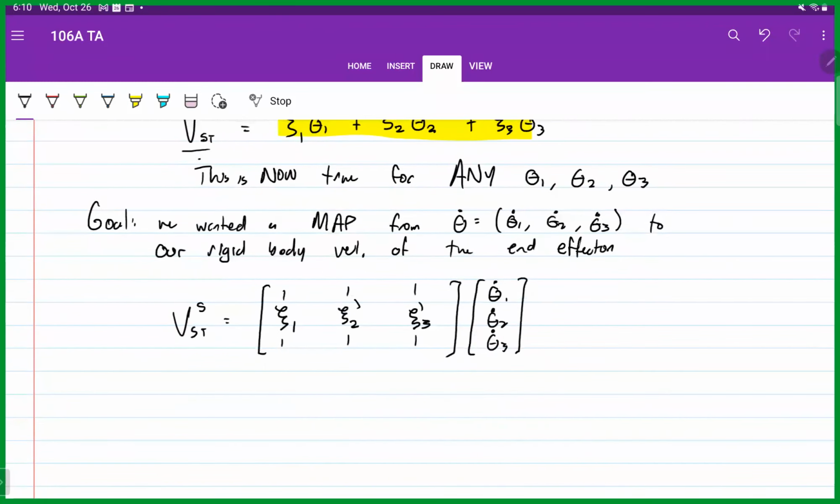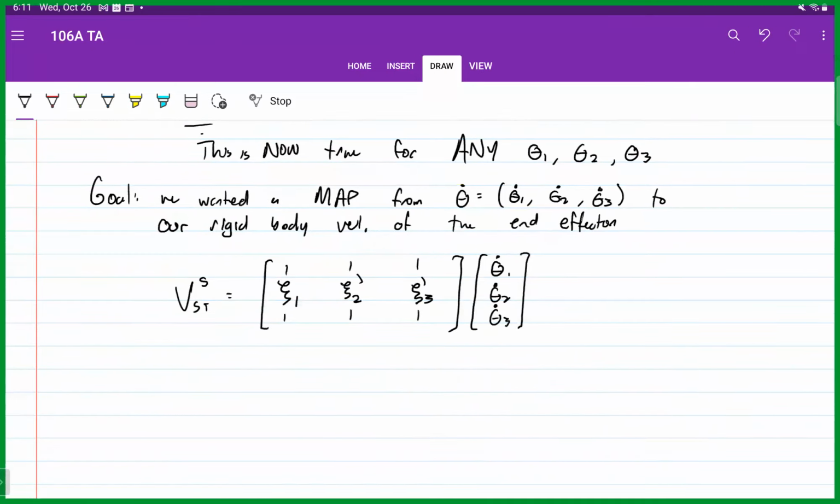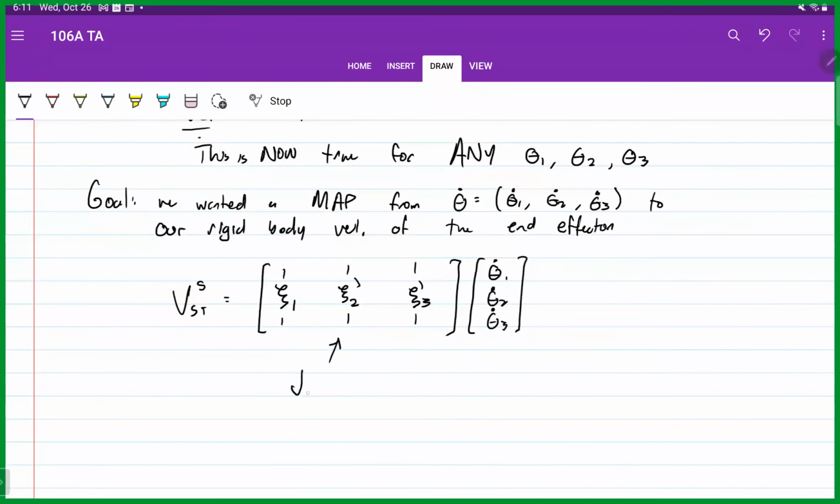And this matrix was exactly what we wanted. It takes us from a vector of our joint angle velocities into our actual rigid body velocity. We call this matrix J_st spatial, and since it depends on the angle that we're at, it's a function of theta, where theta is the vector theta 1, theta 2, theta 3.